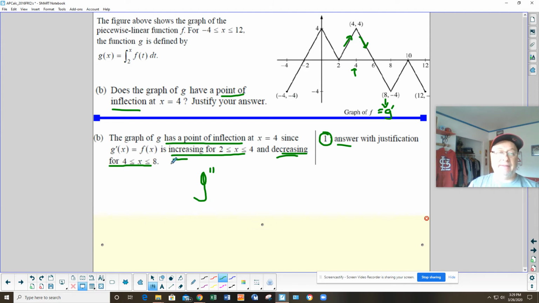Now, if you add the caveat that a point of inflection will occur at x equals 4 because G double prime changes from positive to negative, I know this because G prime, or f, is increasing and changes to decreasing at x equals 4. That's a really good, long, clear answer, but you just have to say this stuff: increasing to decreasing at 4 for G prime. 1 point only, not a big deal.